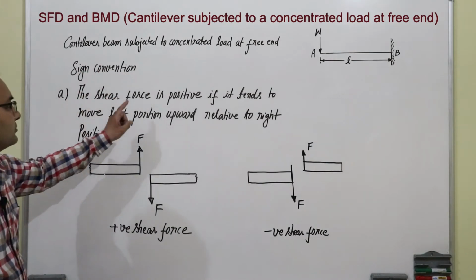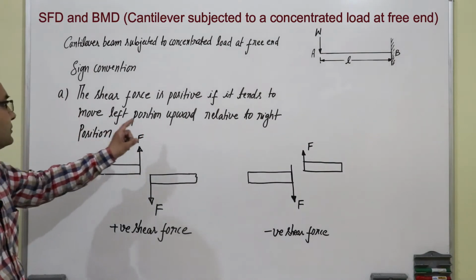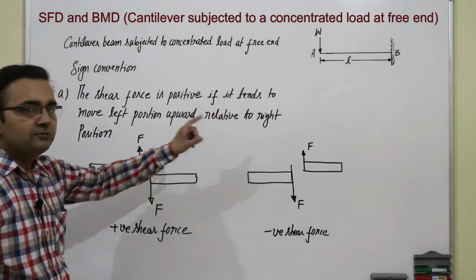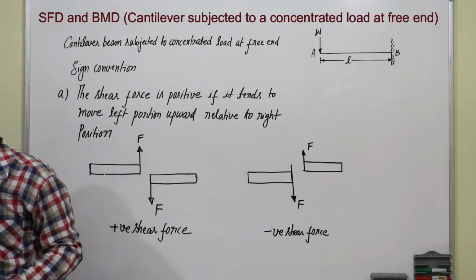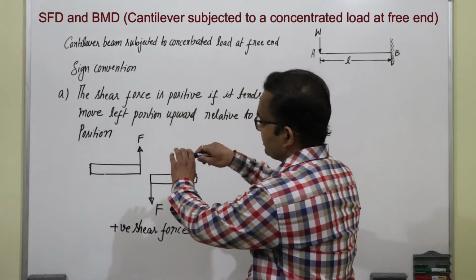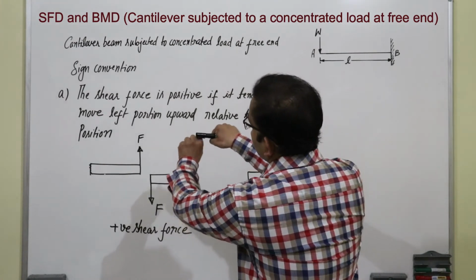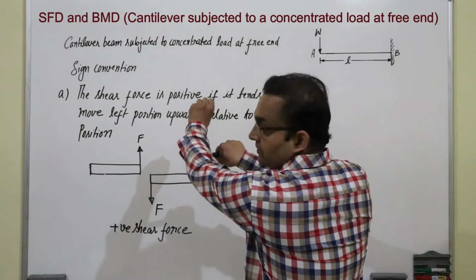The shear force is positive if it tends to move left portion upward relative to right portion. Suppose this is a marker and applying force from left side upward like this and it is downward.